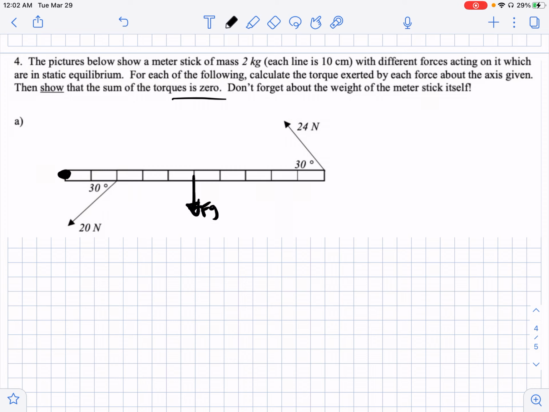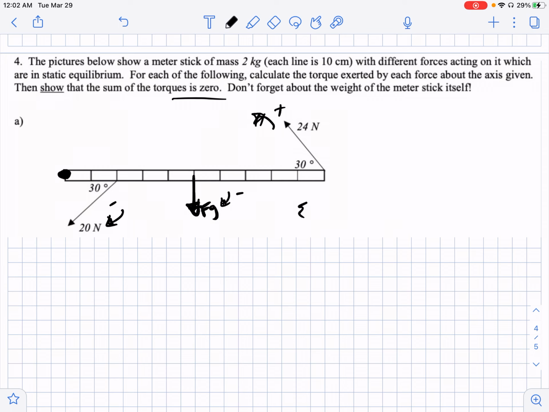So real quick, let's figure out our directions. Since the axis of rotation is on the left, this one would cause it to go counterclockwise, so it's going to be positive. This one over here would cause it to go clockwise, so it's going to be negative. And Fg will cause it to go clockwise, so it's going to be negative as well.